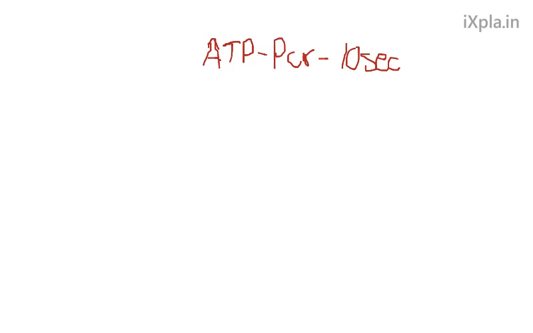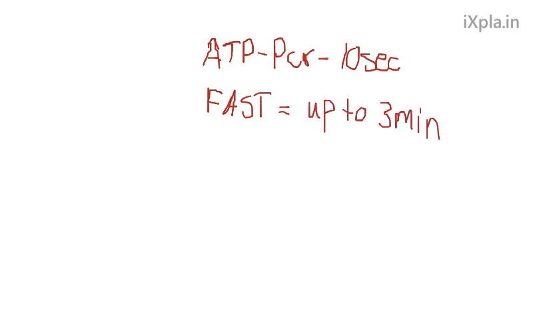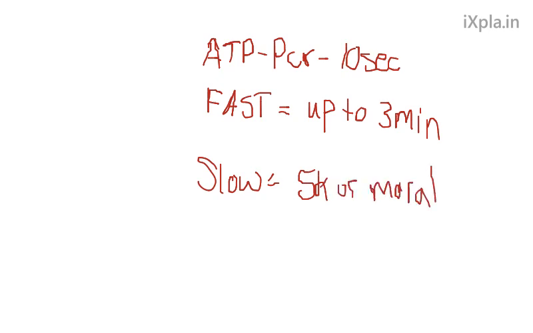And then you rely on fast glycolysis, which can go up to 3 minutes. So that would be like running an 800, which is a half mile on the track, which is still an explosive activity, but it doesn't last 10 seconds. And then you get into slow glycolysis, which is like running a 5K or a marathon, running a very long distance.